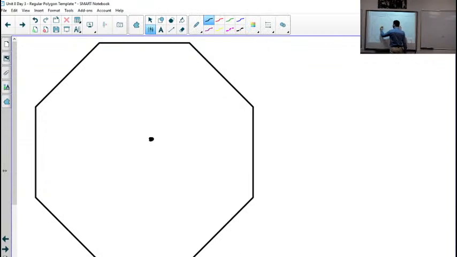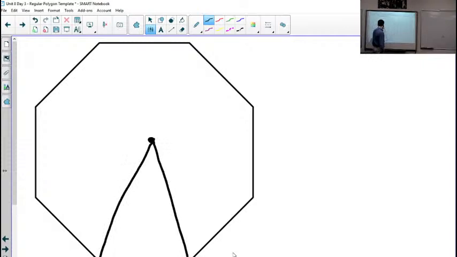Go from the center. I am drawing from the center out to each vertex on this octagon. There's one. Keep going here.